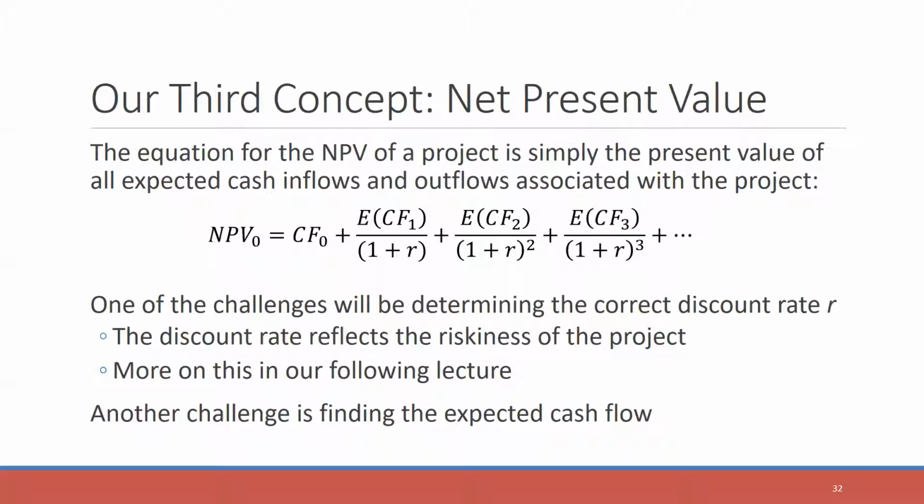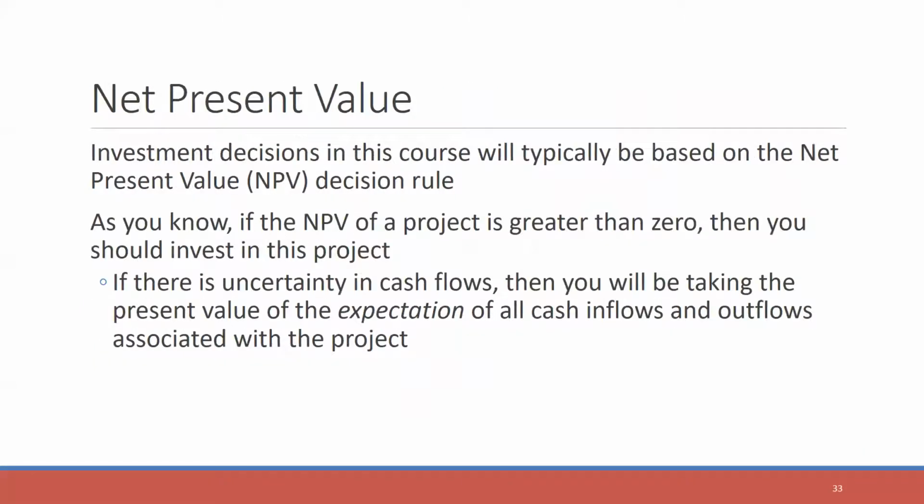So one of the challenges will be determining the correct discount rate R. That discount rate is going to reflect the riskiness of the project, and we'll go into that more in depth in our following lecture. So another challenge is going to be to find the expected cash flow. Whenever we have an investment, typically our investment decision rule will be based on NPV.